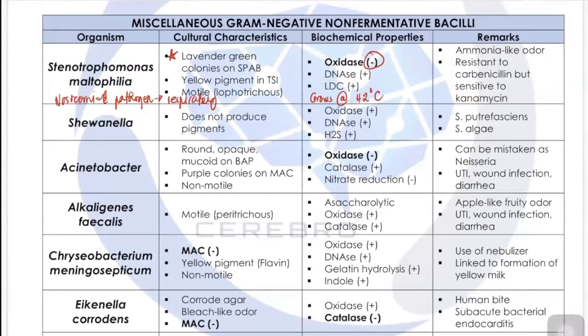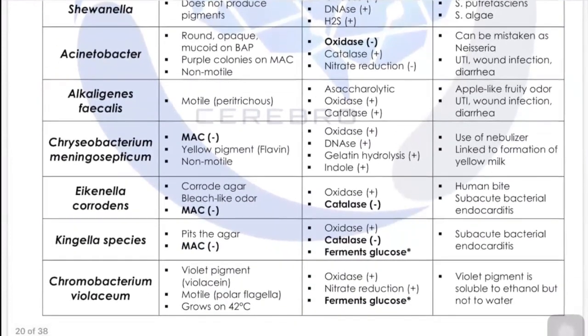Okay? Next, gusto ko ding i-emphasize, no, si Acinetobacter. Okay? So it has round opaque mucoid colonies on blood agar plate. Okay? Purple colonies on MacConkey, and because of its characteristic purple colonies on MacConkey, it may be mistaken, no, or it may resemble lactose fermenting organisms. It is non-motile. Okay? Then there are two organisms, no, na kailangan nating i-take note dito, no. We have Acinetobacter baumannii and Acinetobacter lwoffii.